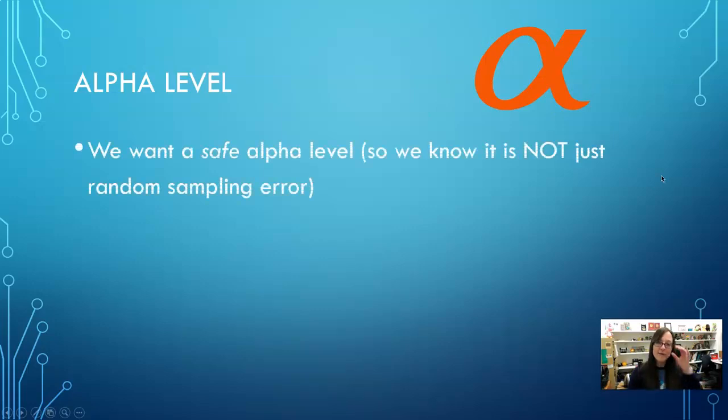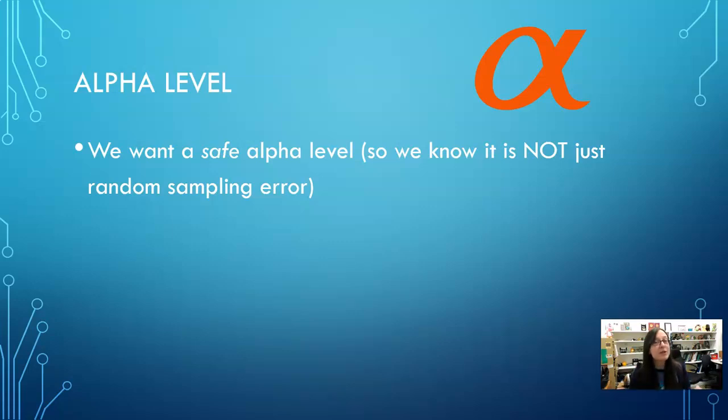You want to have a safe alpha level. You want to know that if you meet that criteria, if it's far enough out into those tails to be farther than that alpha level, it's not just random sampling error. So the alpha level is always far enough out that it's very unlikely that the difference is because of random error.